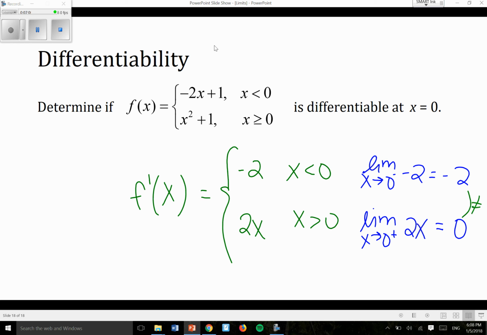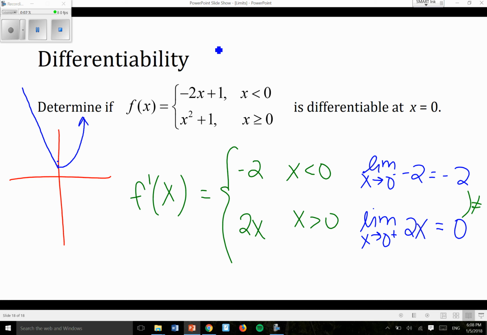Let's draw a picture of that, or let's try to. At 0, from the left, I have a slope of -2. So hitting that right there. But my parabola has a slope of 0 at that point.